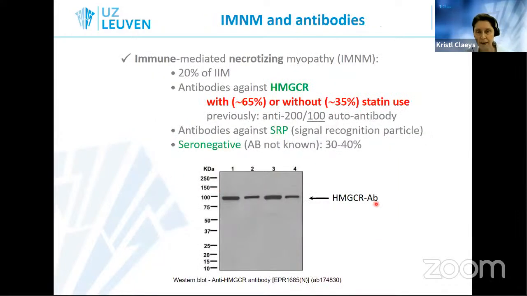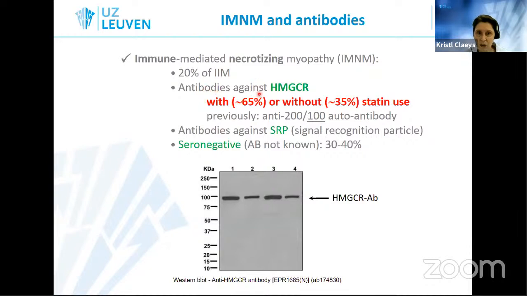Immune-mediated necrotizing myopathy is 20% of the whole group of idiopathic inflammatory myopathy, and there are antibodies either against HMG-CR or against SRP, signal recognition particle, or in 30 to 40% of the cases, the antibody is not known and it will be a seronegative case.